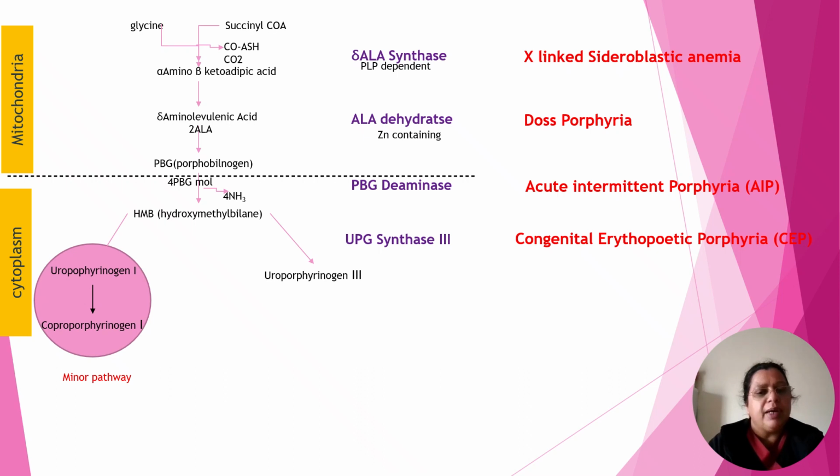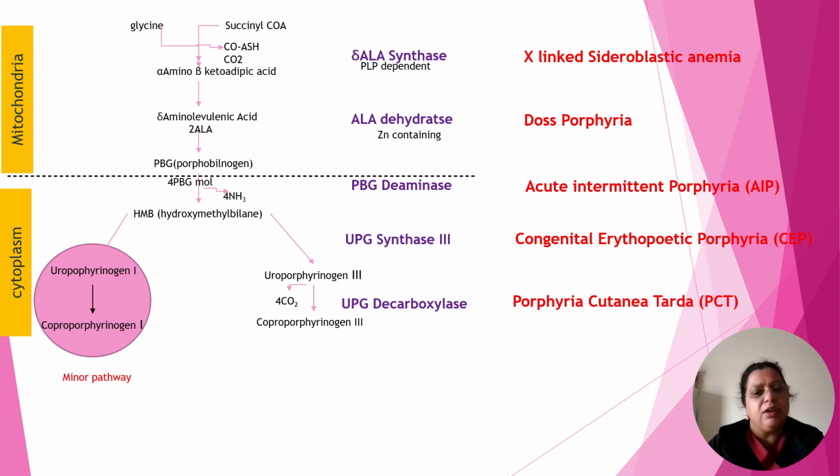Then this uroporphyrinogen 3 is converted into coproporphyrinogen 3 with elimination of 4 molecules of carbon dioxide. The enzyme for this reaction is uroporphyrinogen decarboxylase, and deficiency of this enzyme causes porphyria cutanea tarda. Once coproporphyrinogen 3 is formed, it moves back into the mitochondria where further reactions take place.